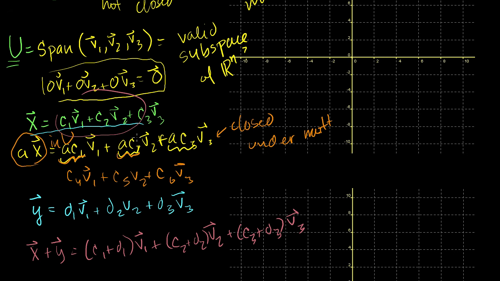You had a v3 here, you had a v3 there, you just add up their coefficients. Clearly, this is just another linear combination. These are just constants again. That's an arbitrary constant, that's an arbitrary constant, that's an arbitrary constant. So this thing is just a linear combination of v1, v2, and v3.